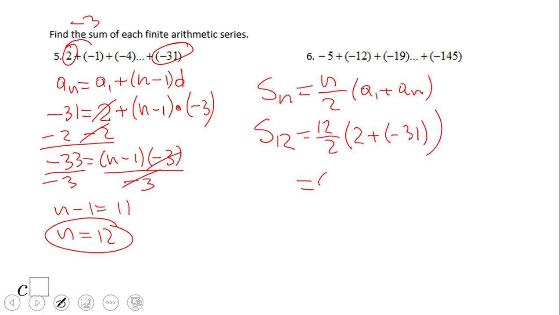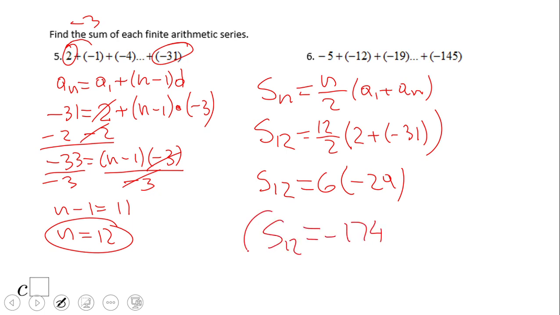So we end up here with 6 times -29. That is S12. So let's see how much that is: -174. This is the partial sum of this arithmetic sequence. Pause this video clip and try number 6.